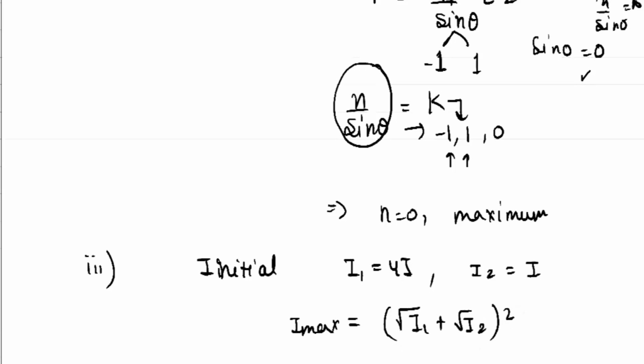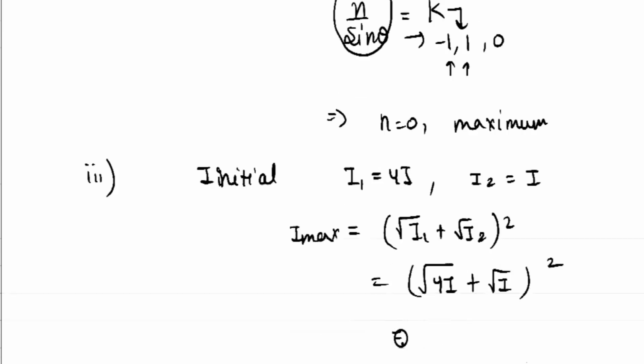So under root of I1 is 2 under root I, plus under root of I2 is under root I, square. So this is 3 under root I square. So if we further solve it, then we have 9I.